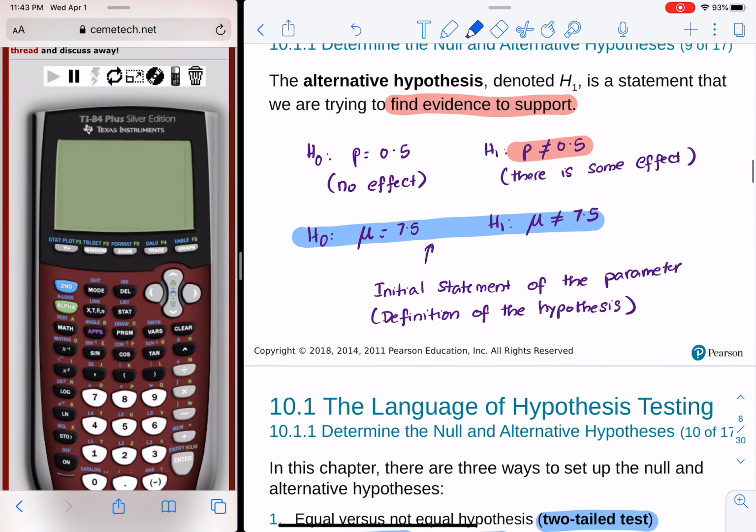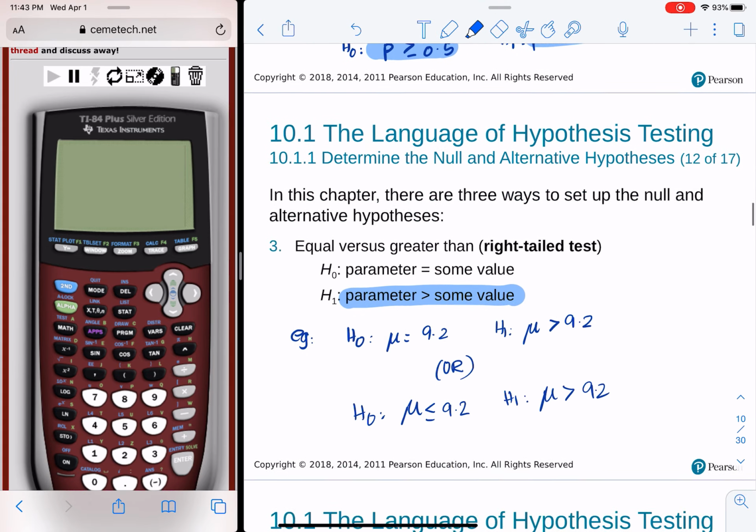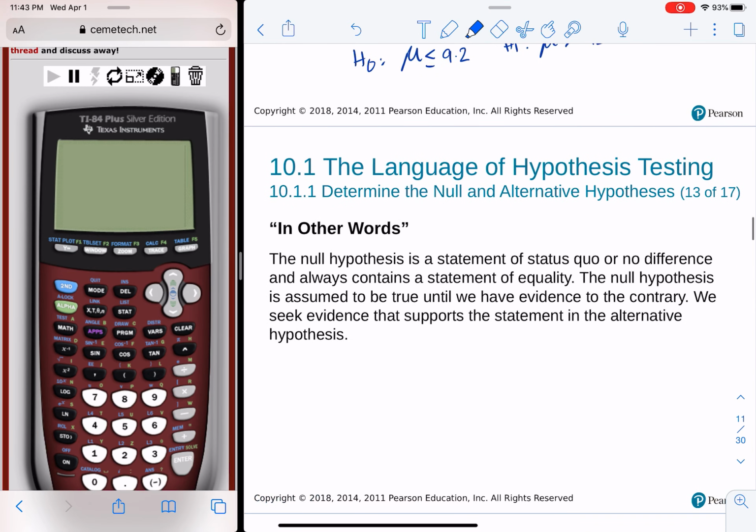So the null hypothesis is a statement about status quo, or no difference at all. In other words, we're going to keep what we believed in 2006 to be the same as today. The counter argument is that that is not the case.